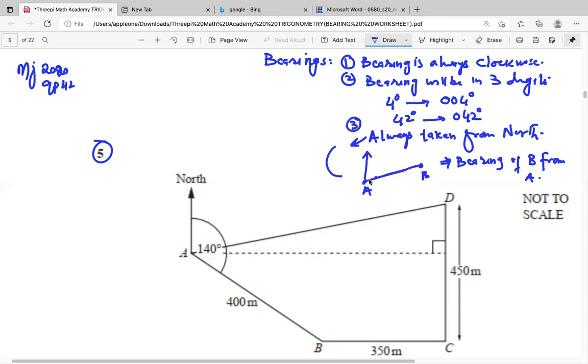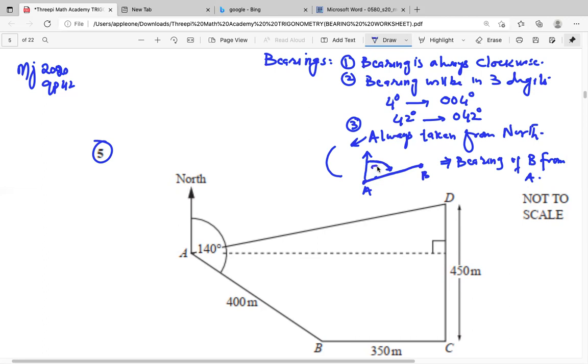So now see here, 3 things we will do. Bearing is clockwise, so clockwise movement from this normal towards the line which joins A and B. That is your bearing. That is the definition of bearing, and that is how we get bearing. So this is the clockwise angle from the north line at A towards the line AB.